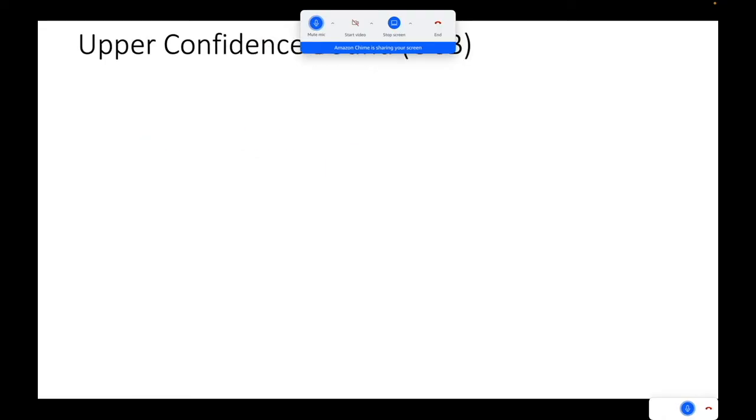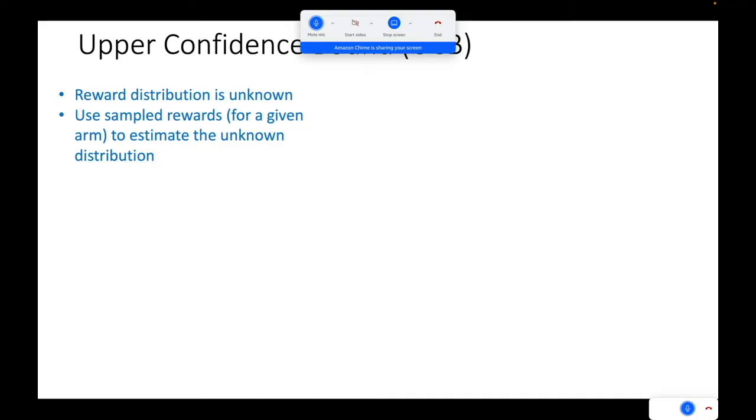Now, upper confidence bound is a more principled approach to multi-arm bandit problems. Here, the assumption is that the reward distribution is generally unknown, and to estimate the reward distribution, we have to draw samples from it. Let's say we look at a particular arm, with suffix k, which is pulled. We have drawn that arm k number of times, and we have observed a sequence of rewards.